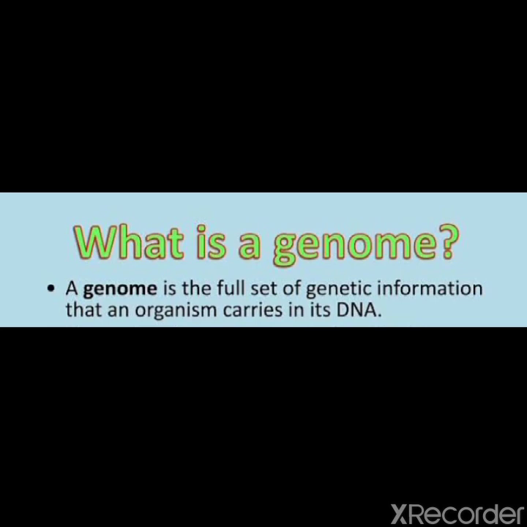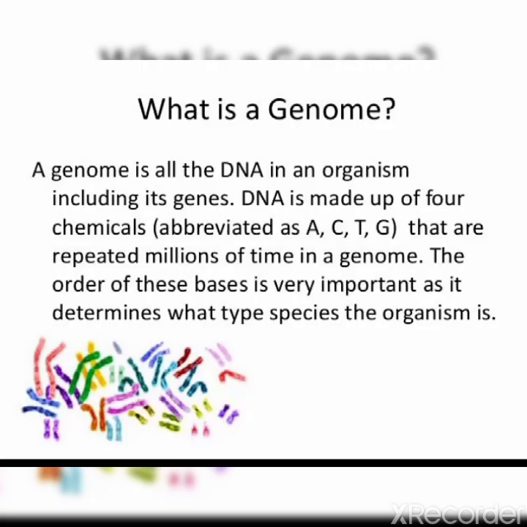A genome is the full set of genetic information that an organism carries in its DNA. In other words, a genome is all the DNA in an organism including its genes.